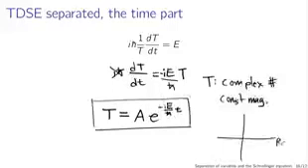So if this is my complex plane, real axis, imaginary axis, wherever capital T starts, as time evolves, it just rotates around and around and around in the complex plane. So the time evolution that we'll be working with, for the most part, in quantum mechanics is quite simple.